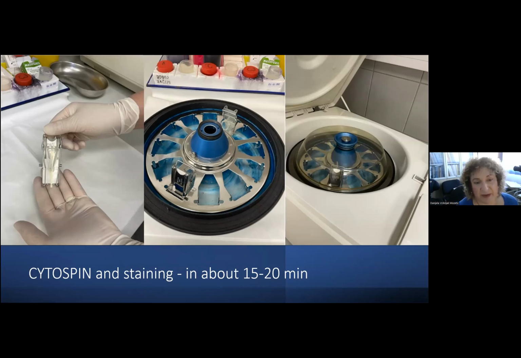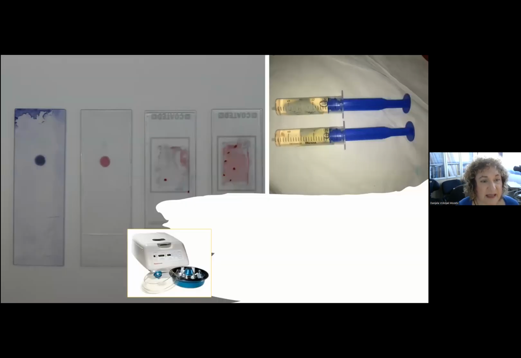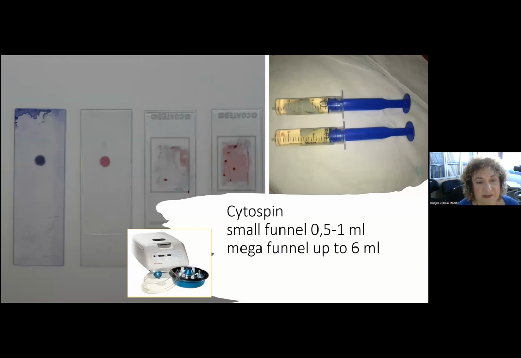It takes about 15 to 20 minutes. It looks like this. You are all familiar. We can use a small funnel in which we can put up to 1 milliliter, or a mega funnel in which we can analyze up to 6 milliliters of the fluid.